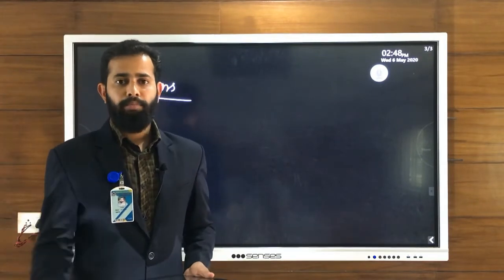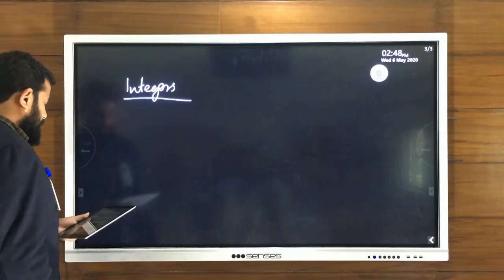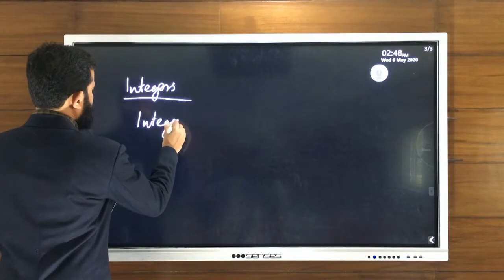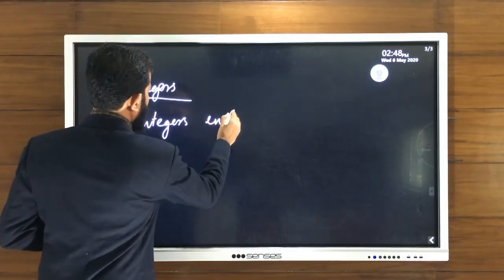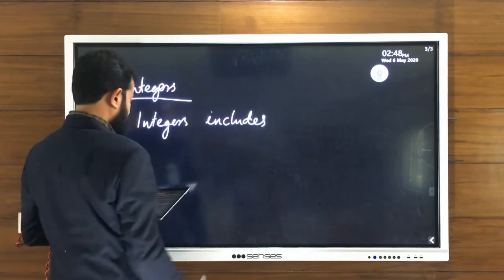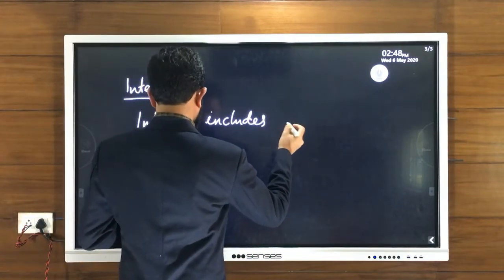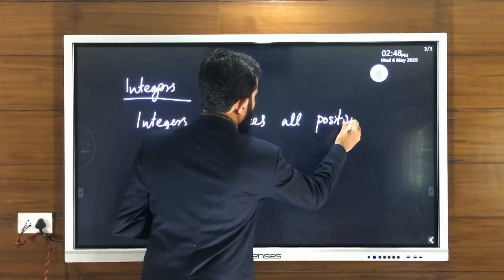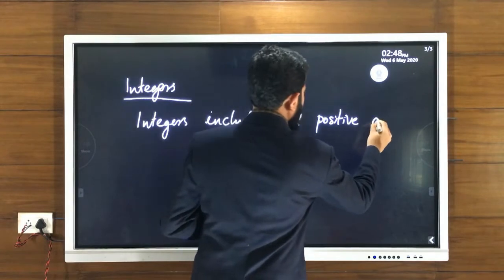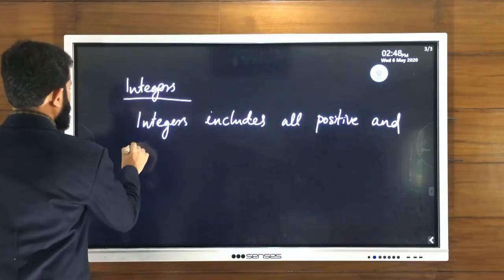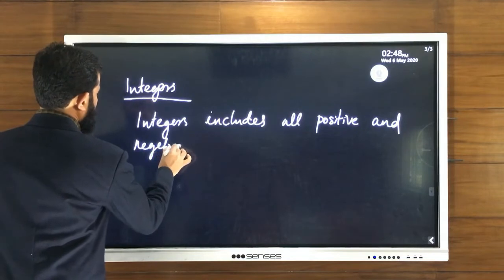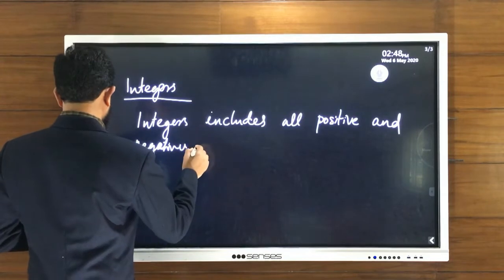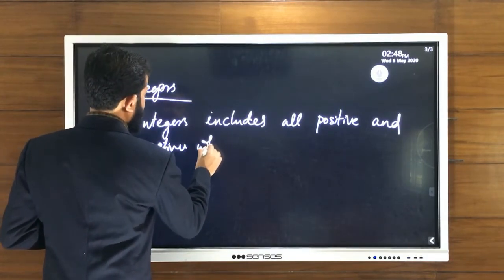So, we can define like this, integers includes all positive and negative whole numbers.